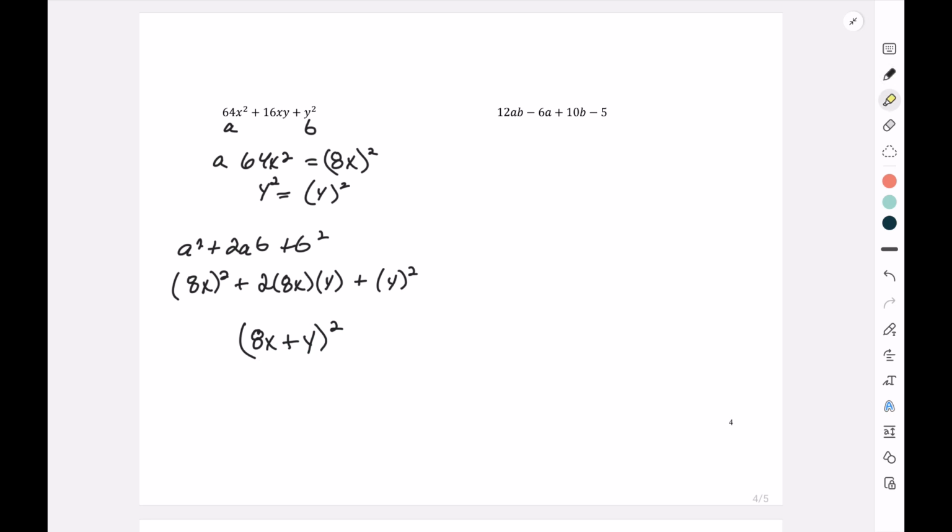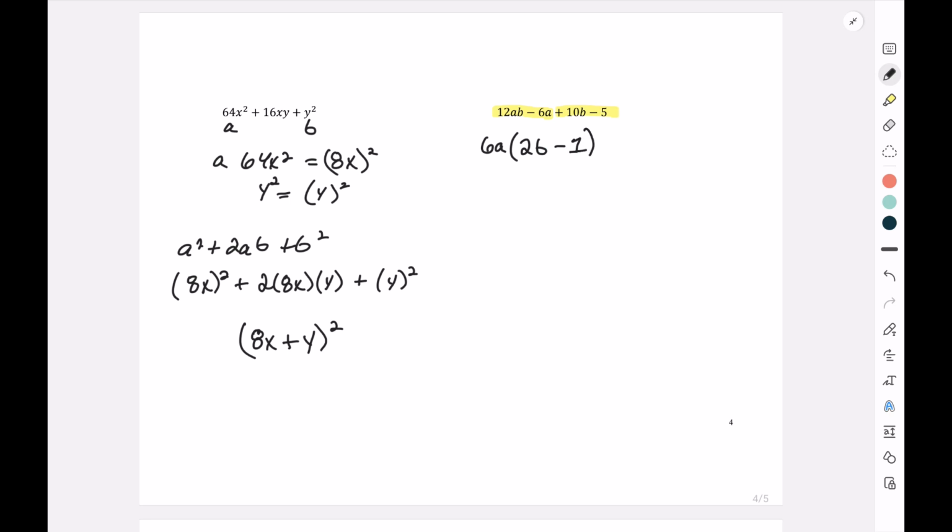So next we're given 12ab minus 6a plus 10b minus 5. Now we can see that it's 4 terms, and so we're going to use factor by grouping. So we have the first two, we have the second two, and in the first group, we can see that we have a 6a in common. So we're left with 2b minus 1.